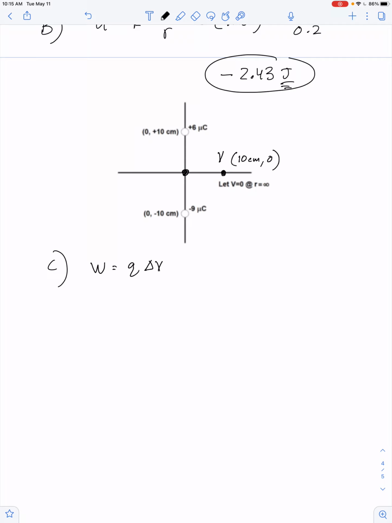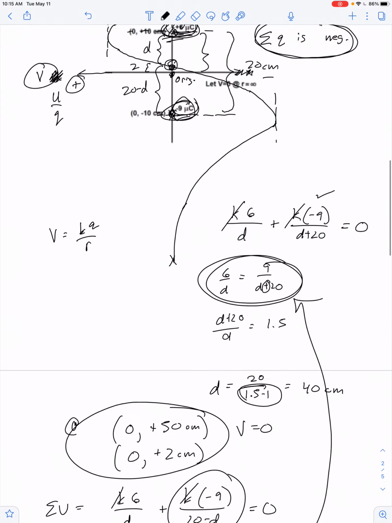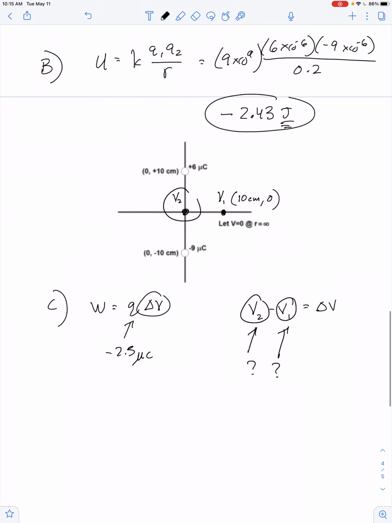So if we can find the electric potential at point 1 and then at point 2, V2 minus V1 would be this difference in electric potential, and this Q is given to us as negative 2.5 microcoulombs. Okay, so I have to do these two steps: find the electric potential at the origin and at this position.